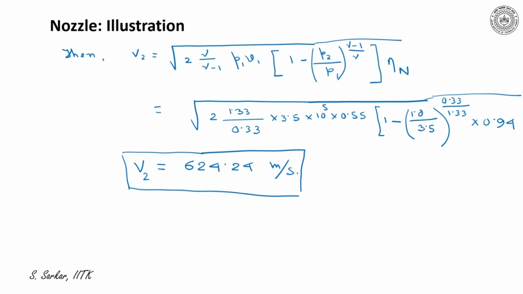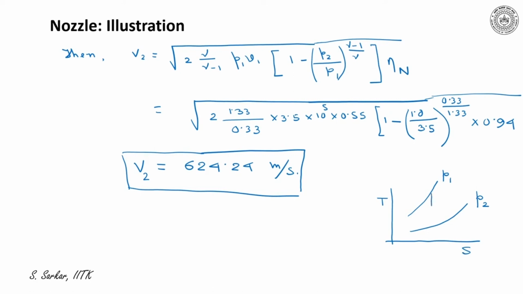Now, I can calculate actual velocity in another way from fundamentals, using the definition of nozzle efficiency. Let me draw a T-S diagram indicating the flow through the nozzle. This is the inlet pressure P1, this is the exit pressure P2. This is the temperature and entropy diagram illustrating flow through the nozzle.